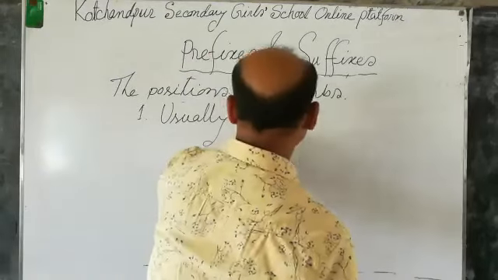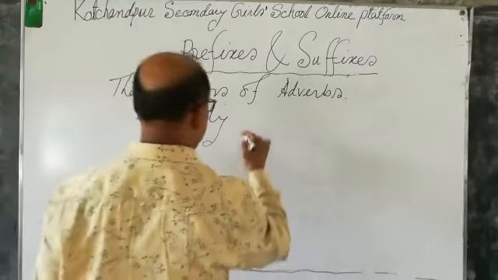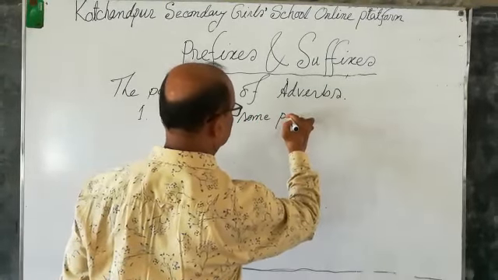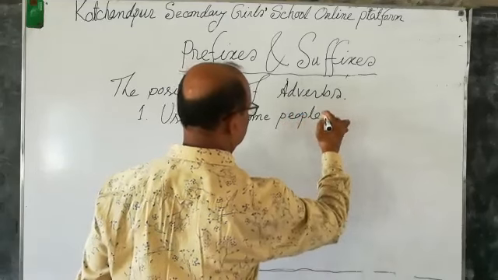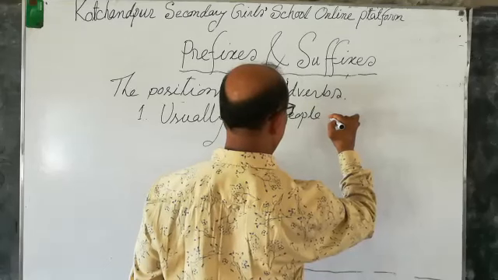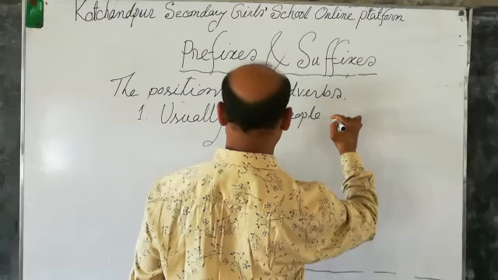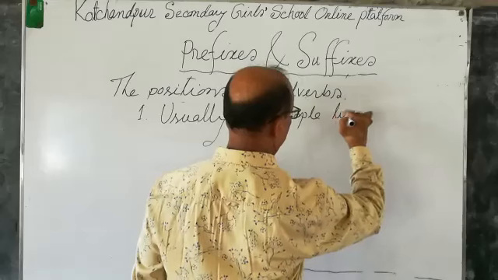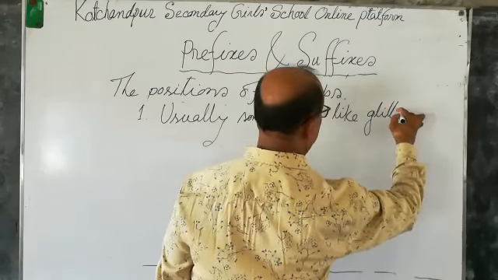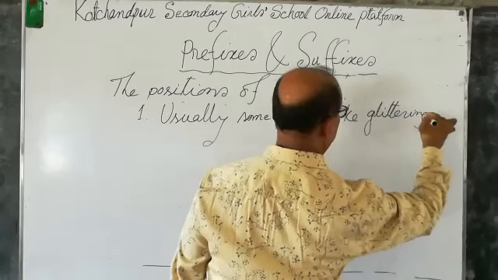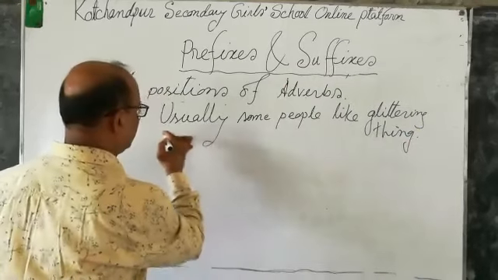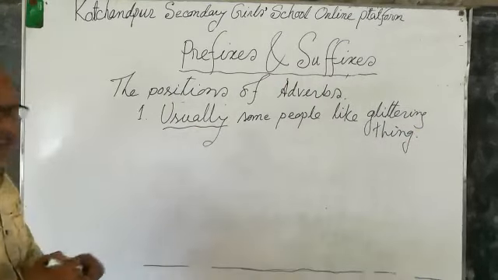Usually, some people like glittering things. Usually here, usually is an adverb.